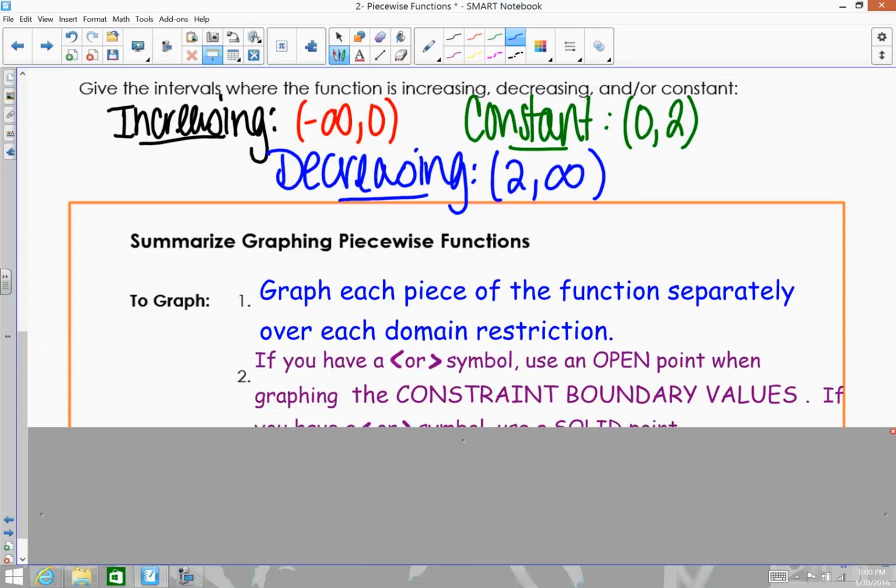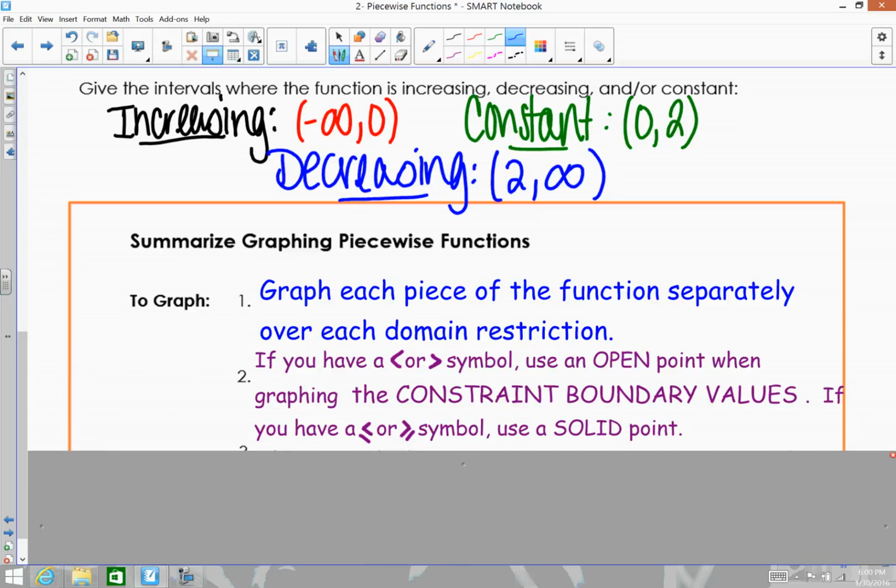The second part to this is you have to decide what kind of circle to use. Is it going to be an open point or a closed point? So if you have the less than or greater than symbol, you're going to use an open point. If you have less than or equal to or greater than or equal to symbol, you're going to use a solid point.